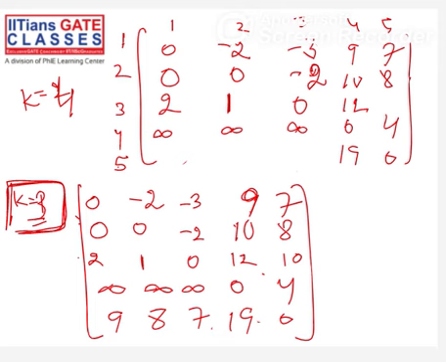And 3 to 5: 3 to 4, 4 to 5, 16. So 16, this is 10, already modified. So now 5 to 1: 5 to 4, 4 to 1. 19 plus 4 to 1. 4 to 1 is infinity. So this is nothing, 9. 5 to 2: 5 to 4, 4 to 2. This is again 8. This will also be 7.